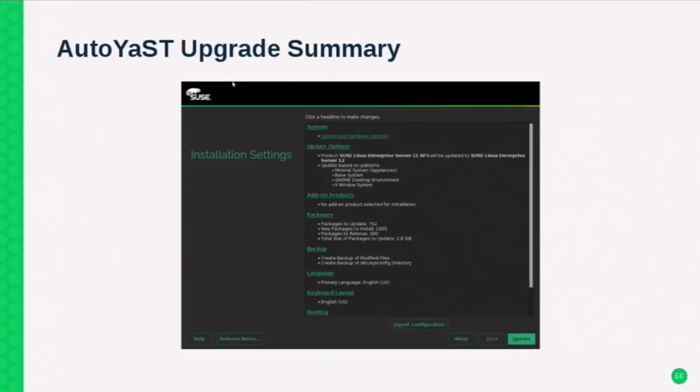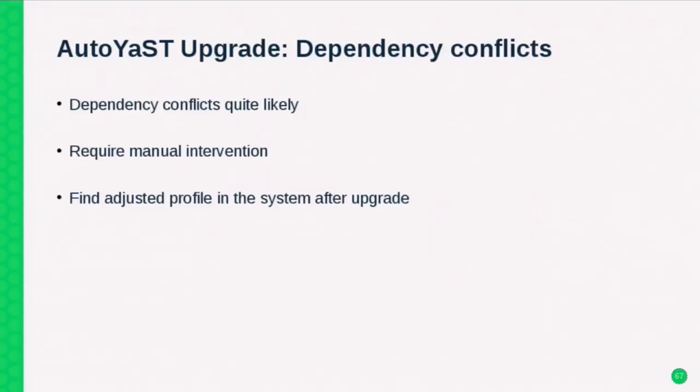If you are not lucky, the packages section will show a red line stating something about package conflicts. But at this point, you can enter the package selector and make adjustments to resolve the conflicts. They simply happen. You cannot do anything about it.